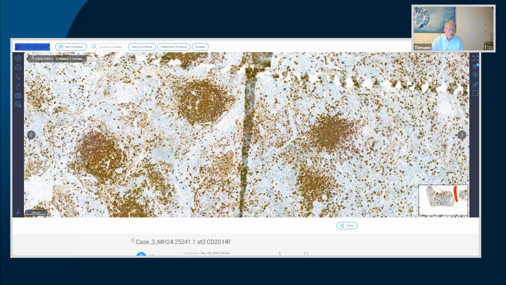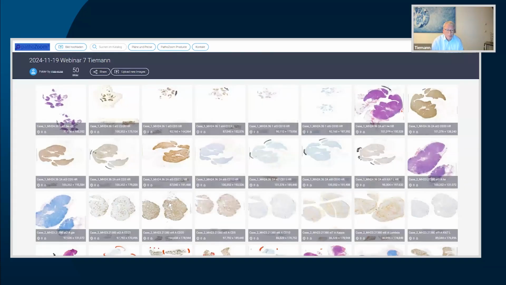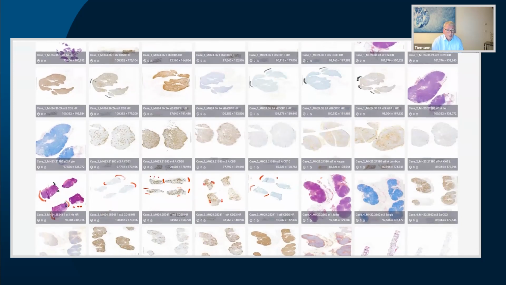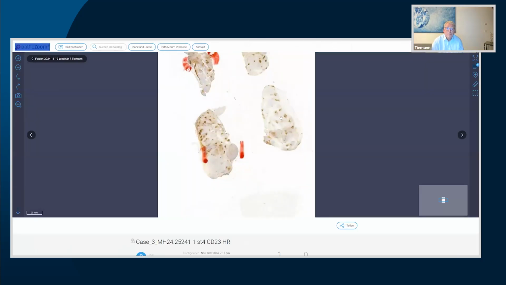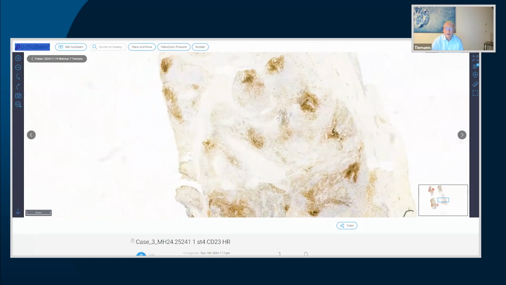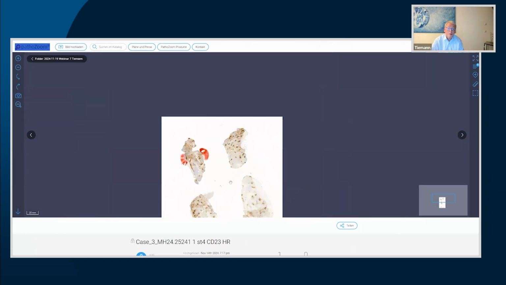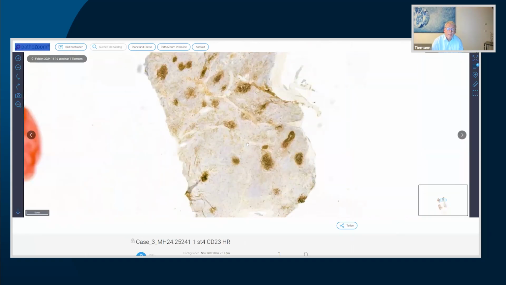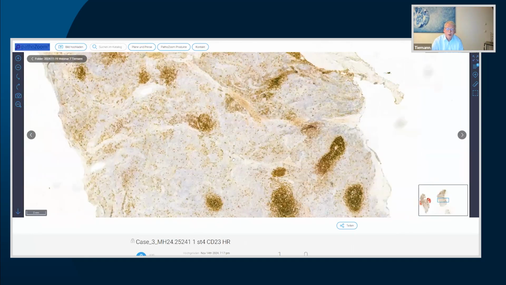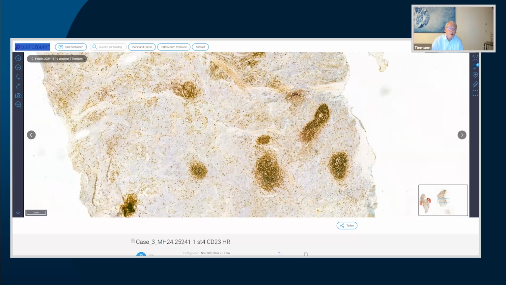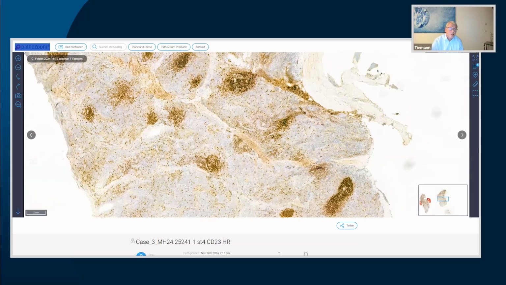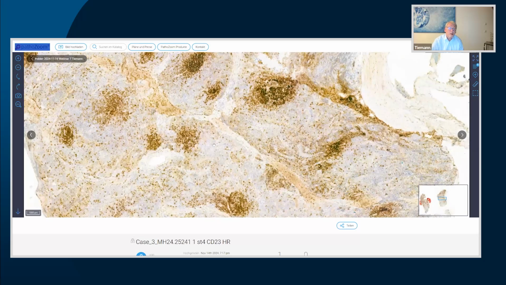You can control this in CD23 for example. It's not the best one. And this is good. Again, we see some onion layers of FDC networks here also, and some regressive changed germinal centers.